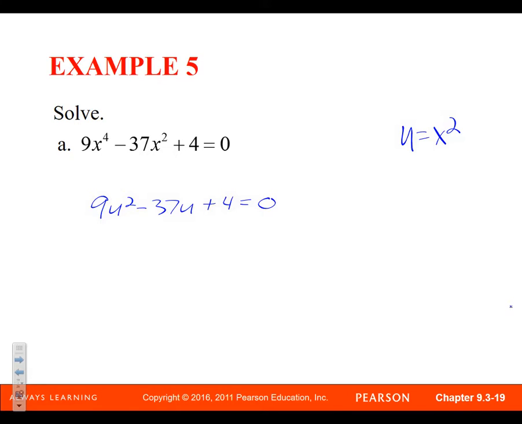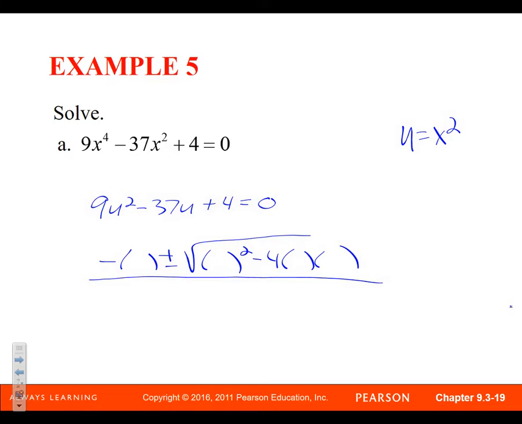Here, I'll show you. So, negative b plus or minus square root of b squared minus 4 times a times c, all over 2a. I'm plugging in a negative 37, 9, 4, 9, right? So x equals all that. So I've got x is equal to 37 plus or minus something over 18.